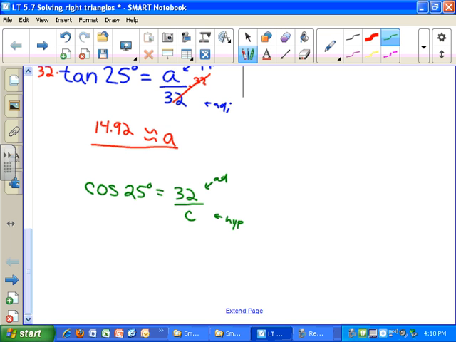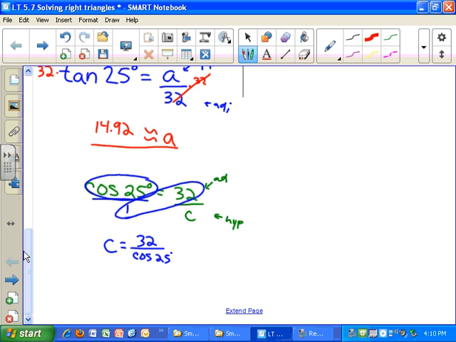And now we can't just multiply by 32 to get rid of it because it's in the numerator and our variable is actually in the denominator, but this is a great case where we can put the cosine of 25 over 1 and then cross multiply and divide. So we can cross multiply 32 times 1, which is really just 32, and then divide it by the cosine of 25. So C equals 32 divided by the cosine of 25.